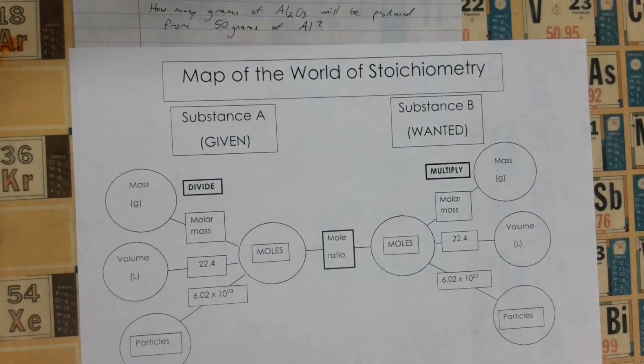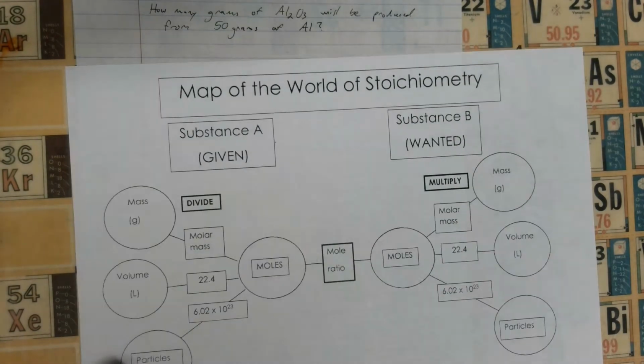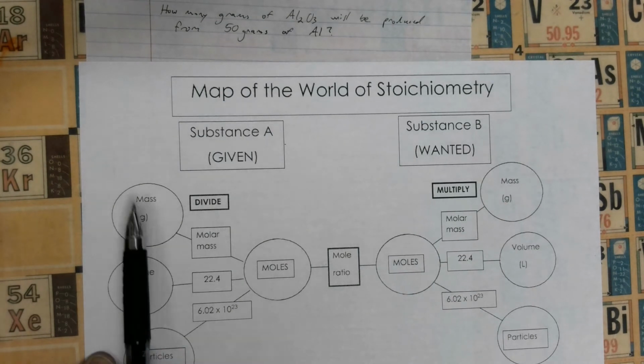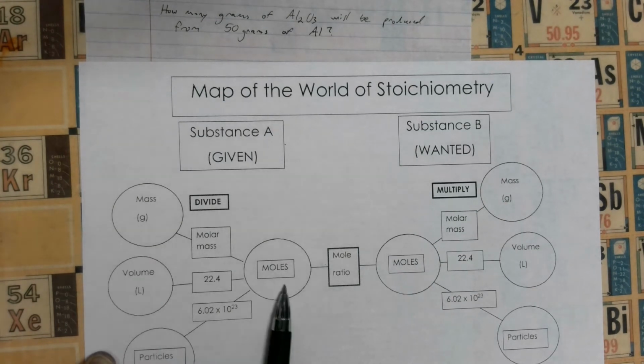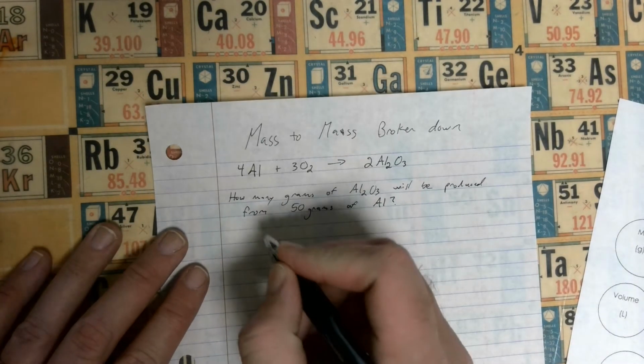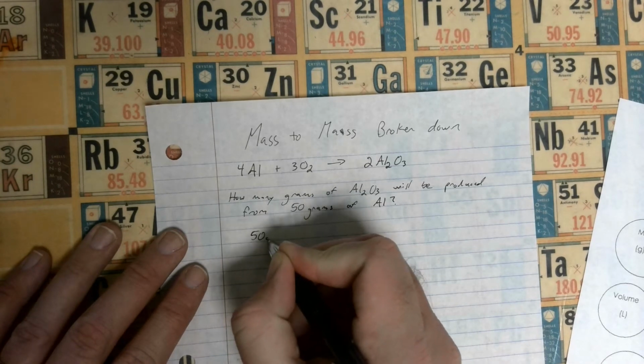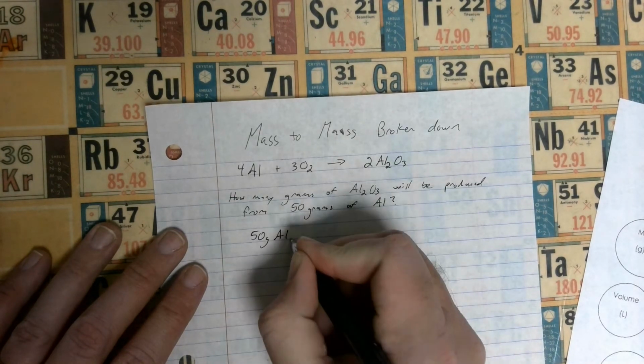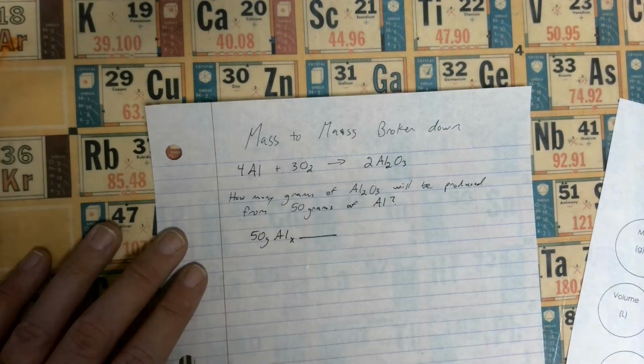So we're going to take it step by step. The first step is turning the grams of the given into moles by dividing by the molar mass. So the first thing we're going to do is take our 50 grams of aluminum and divide it by the molar mass.